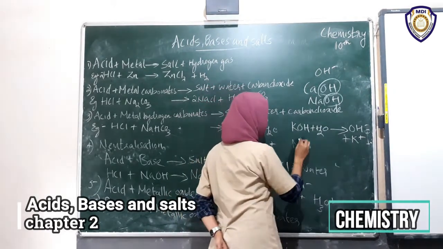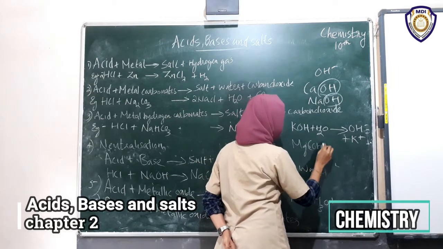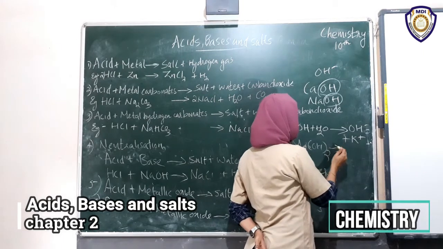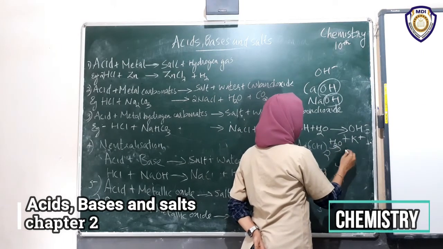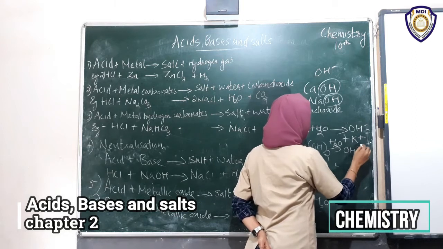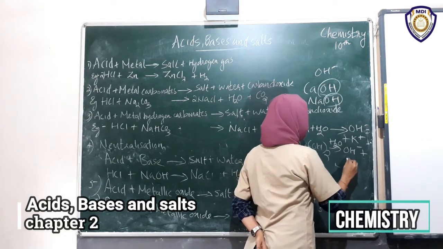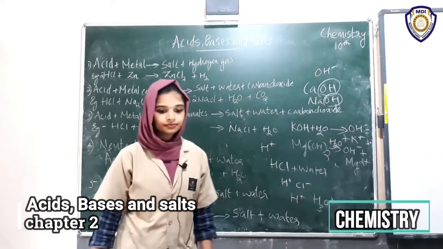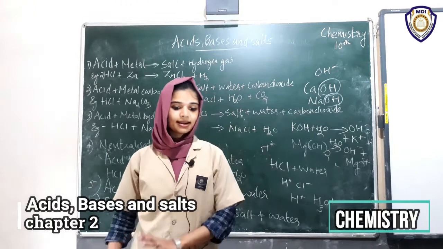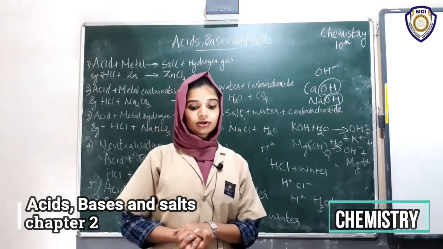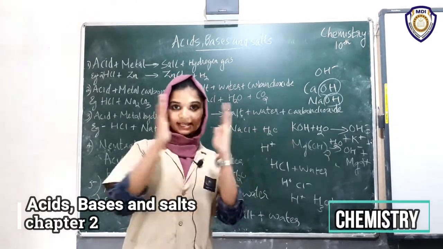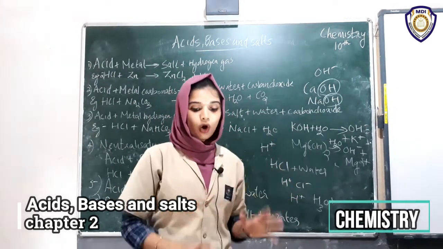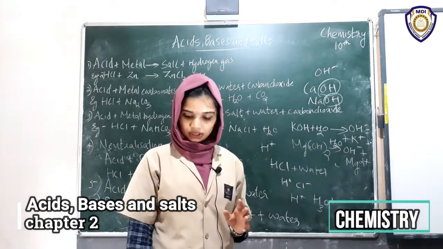Then if we take Mg(OH)2, this is a base. When we dissolve it in water, we get OH minus ions plus Mg2 plus ions. So bases generally generate hydroxide ions in water. Acids generate H plus ions in water and bases generate OH minus ions in water.